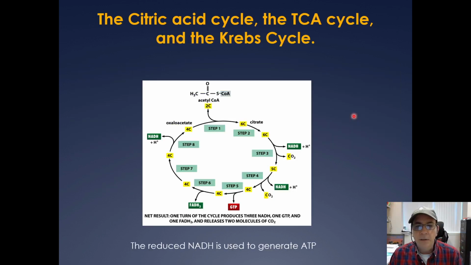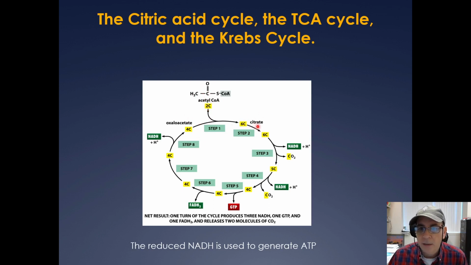And here's the TCA cycle, and I'm sure you have all seen this at one point or another. Here you have your acetyl coenzyme A, and the two carbons from the acetyl group get added to oxaloacetate to form citrate.